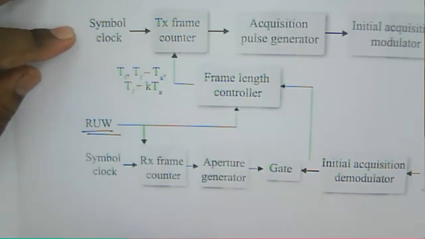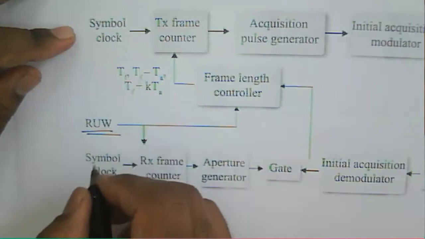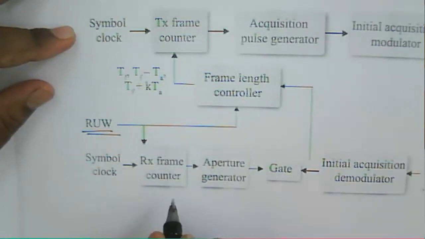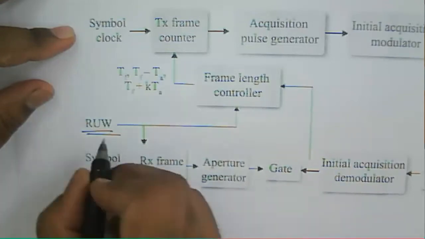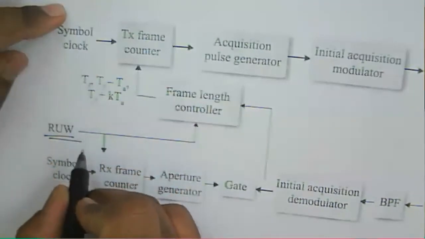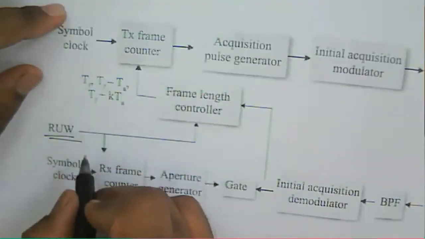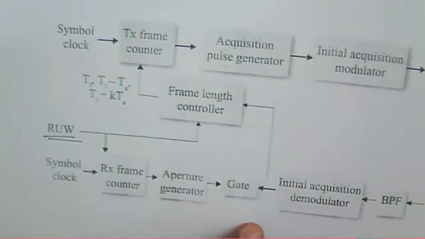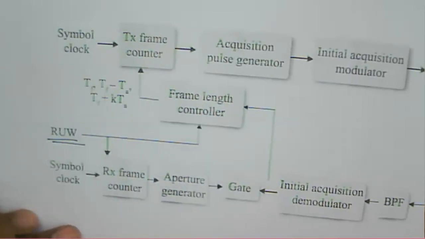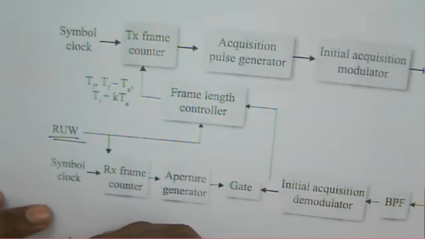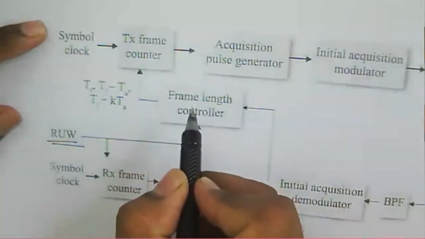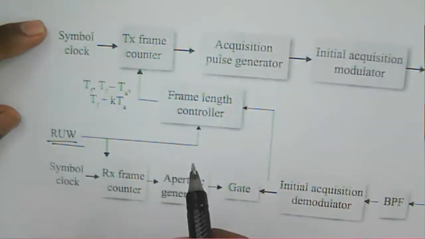This RUW pulse is used to generate the aperture through which the received initial acquisition pulse is detected. It gives the initial acquisition demodulator input, so that the initial acquisition pulse will be detected at the receiver, and that aperture is generated at the center of the local burst slot.